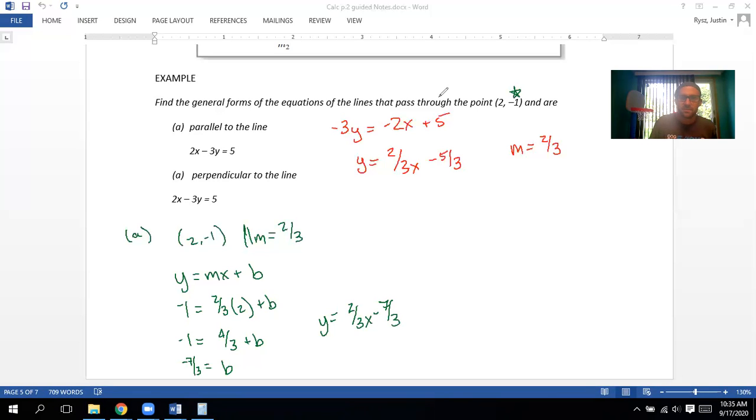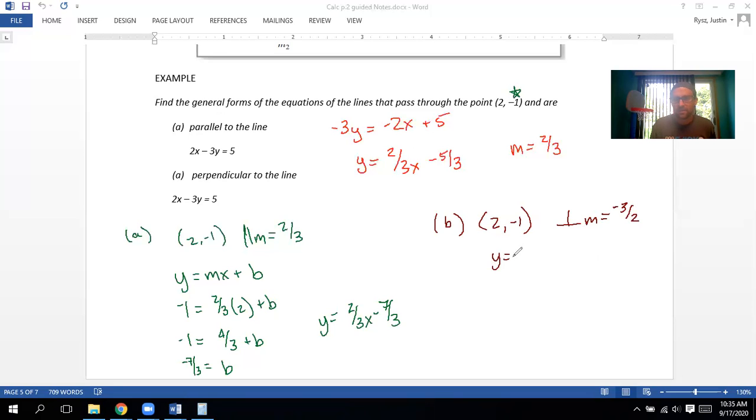And then lastly, part B. If I want it to be perpendicular, it's still going to go through the same point, (2, -1), and the perpendicular slope would be the flip and switch of this. So flipping it to 3/2 and switching the sign, -3/2.